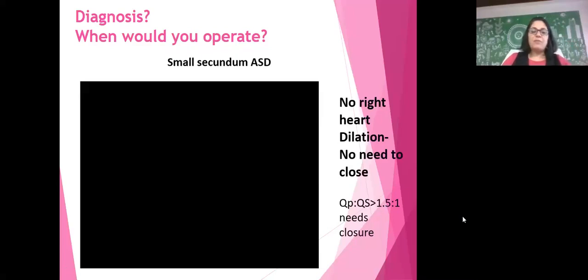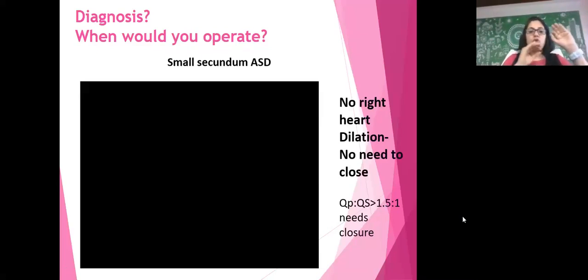Before you can get pulmonary hypertension, first your RA and RV have to get dilated. Flow goes from left atrium to RA, RA gets dilated. RA to RV, RV gets dilated. RV to pulmonary artery, it gets dilated. Then pulmonary hypertension happens. It's a cycle; the flow has to go. If RA and RV are normal, why will he develop pulmonary hypertension?